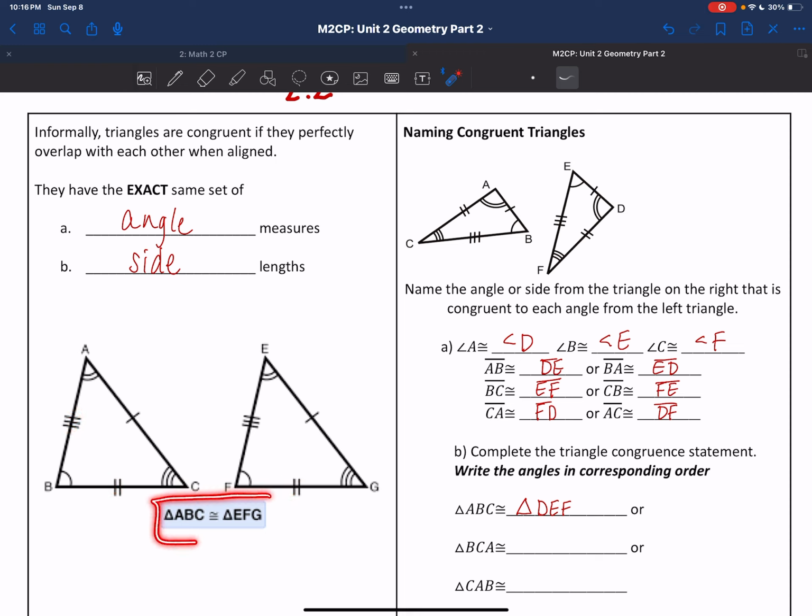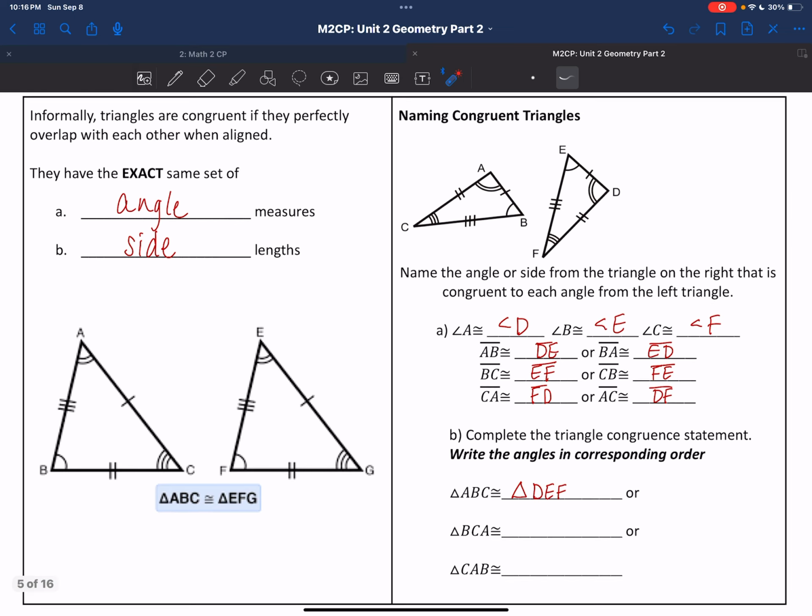And you can also look at the congruency statement. So remember, it goes in order. Angle A goes with angle E, angle B goes with angle F, and angle C goes with angle G. And then, of course, congruent. So when we name these, it's pretty easy. You just look for the markings. But again, go in order of the congruency statement or look for the markings.